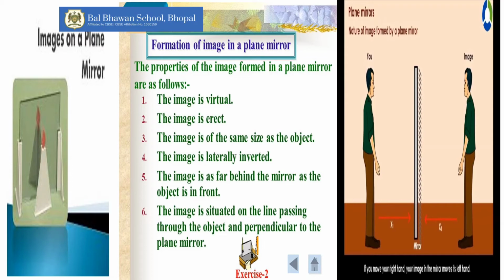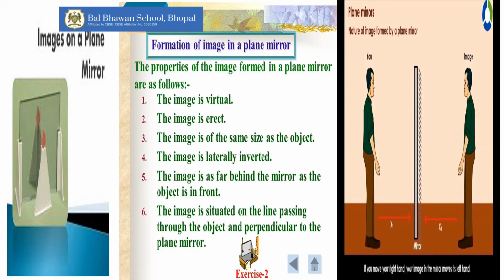The image is as far behind the mirror as the object is in front. For example, assume that this is the mirror, this is the object. If the distance between the mirror and the object is about 20 centimeter, then the distance between the mirror and the image will also be 20 centimeter.